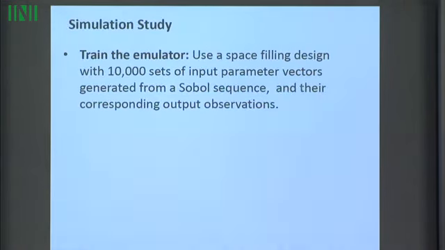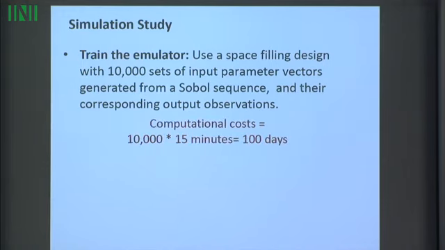Right? In order to compare these 2 methods, we covered the whole parameter space with 10,000 points from a space-filling design generated from a Sobol sequence. And then for all these points, we forward simulate from the mathematical model, solving the finite element discretization equations. That takes in the order of 10,000 times 50 minutes per forward simulation, in the order of 100 days of CPU time.